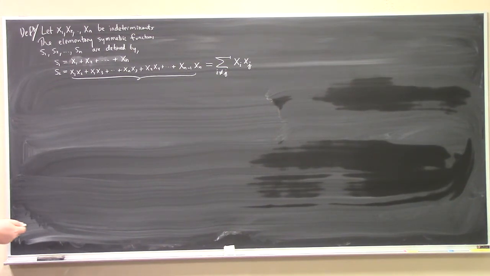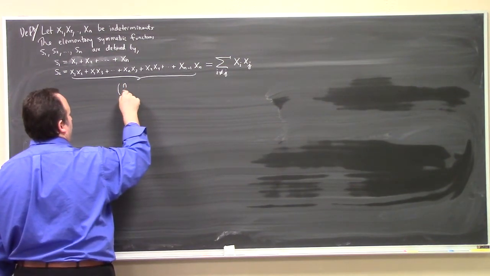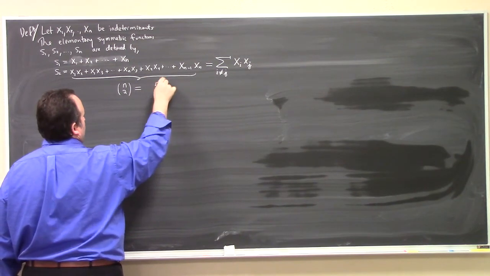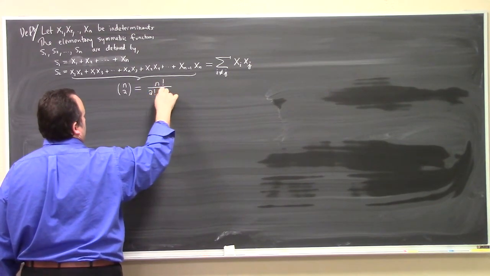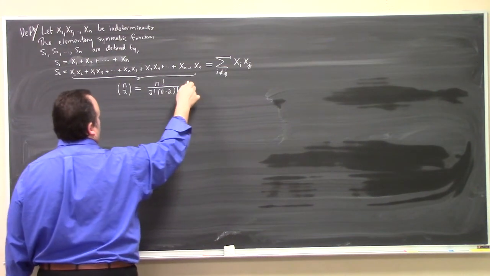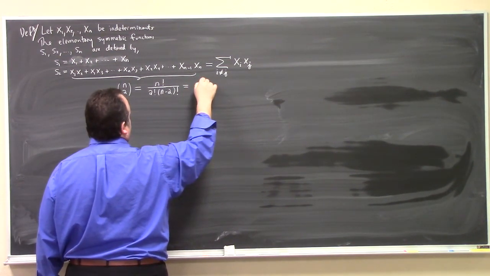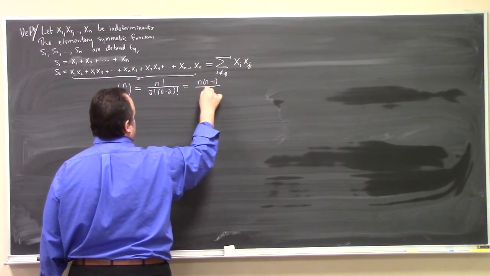This is n choose 2, which is n factorial over 2 factorial times (n minus 2) factorial, also known as n times (n minus 1) divided by 2.